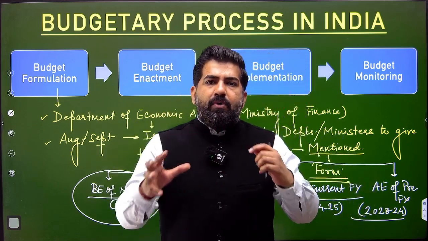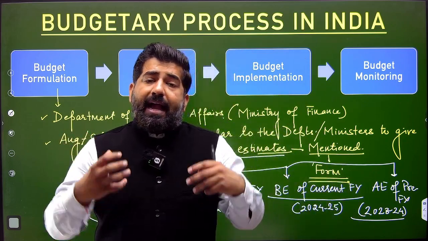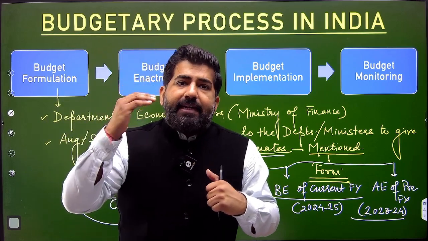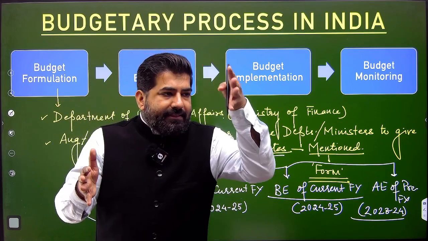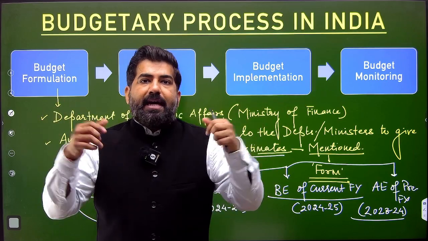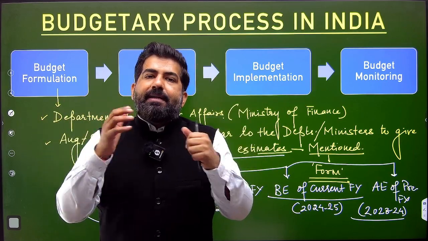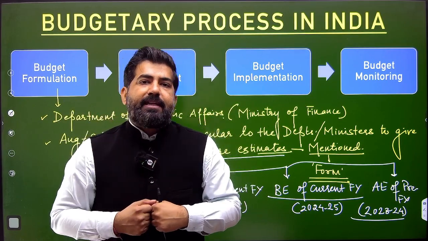Based on the revenue estimates and the expenditure estimates, and keeping the current government priorities in mind, they come up with the consolidated estimated receipts and estimated expenditure. And this is what is known as the annual financial statement.